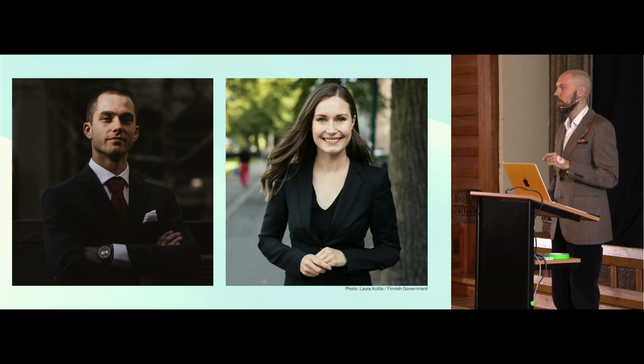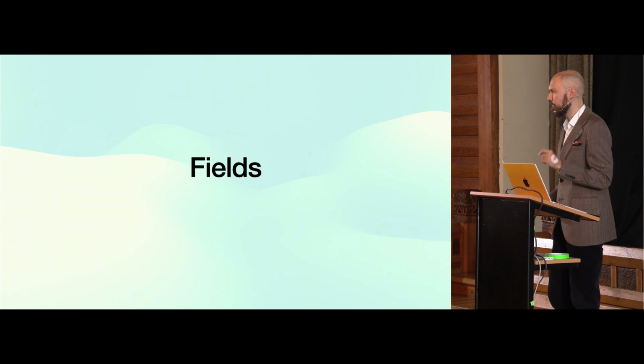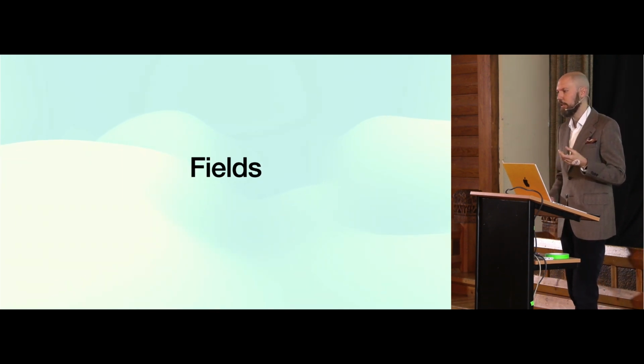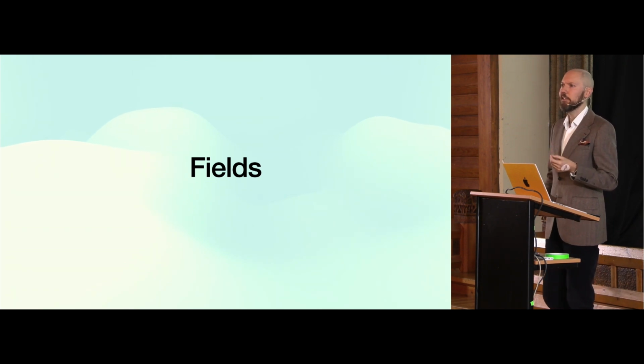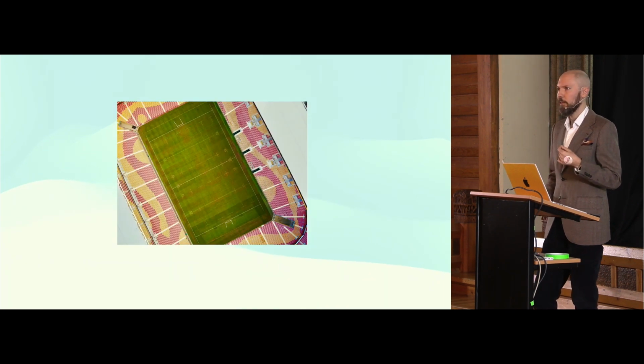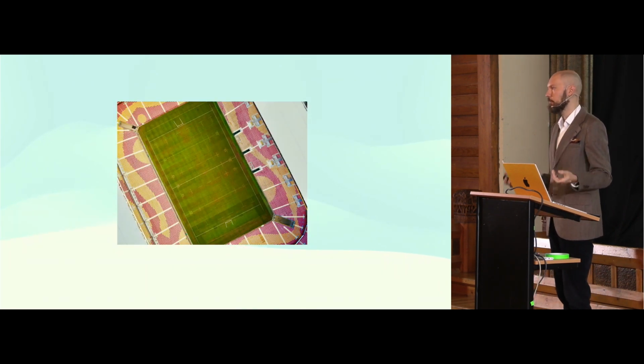Now that we know what capitals are, why we are here, let's talk about fields. Bourdieu has these things called fields, which basically just means an area of conflict. You can think of a football field. Basically, all the same concepts apply.